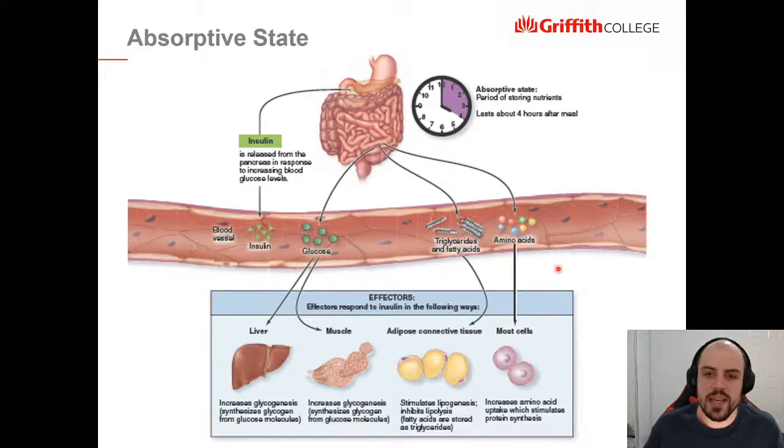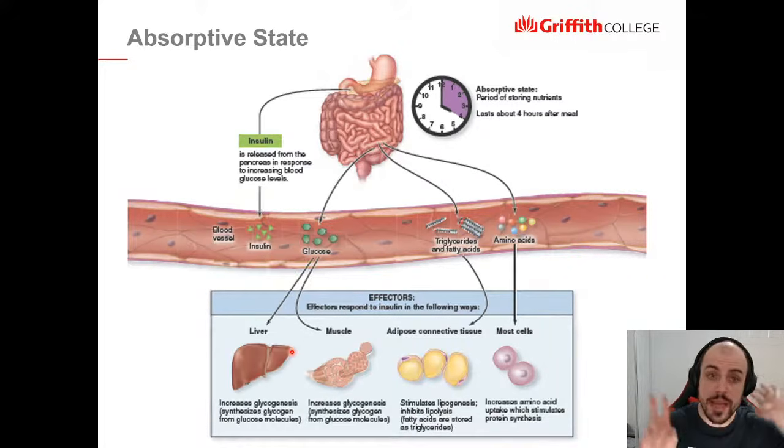Now, what we're seeing here in our bloodstream is a lot of glucose, these fats, and these amino acids. And as a result of this absorptive state, we're going to see a lot of different processes occur. One of them being glycogenesis, the creation of glycogen. Glycogen is the storage form of glucose, okay?